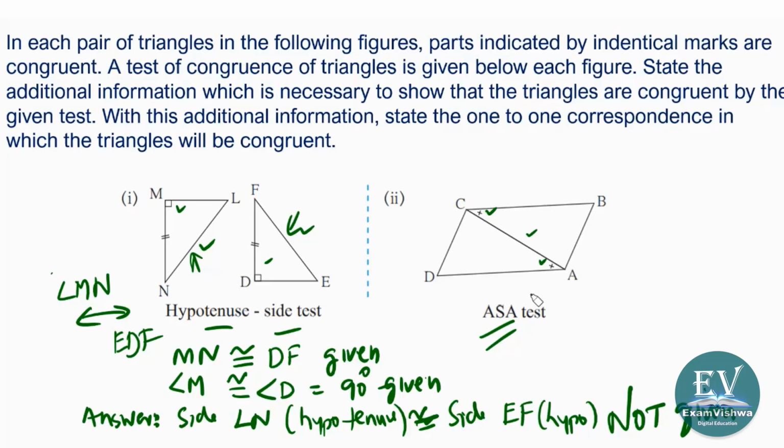But the additional information necessary is that this one and this one are congruent, हमको चाहिए. So we will write the additional information required is angle DCA congruent to angle BAC, not given.